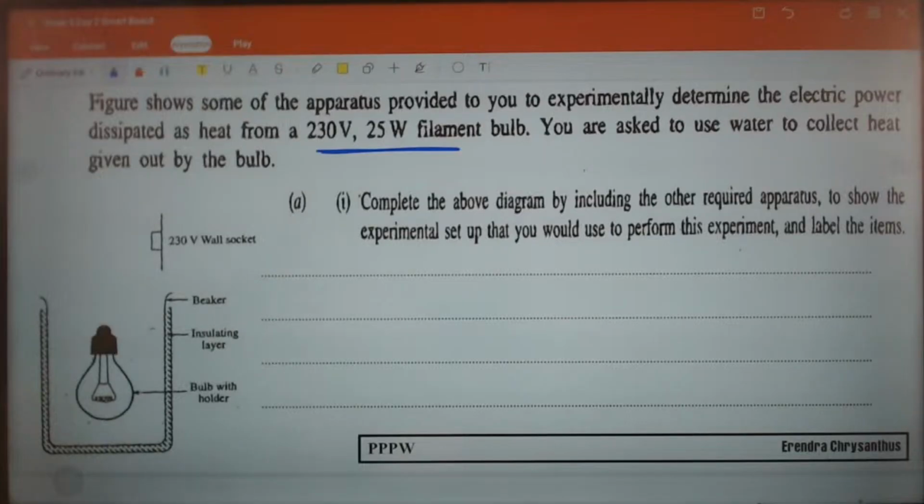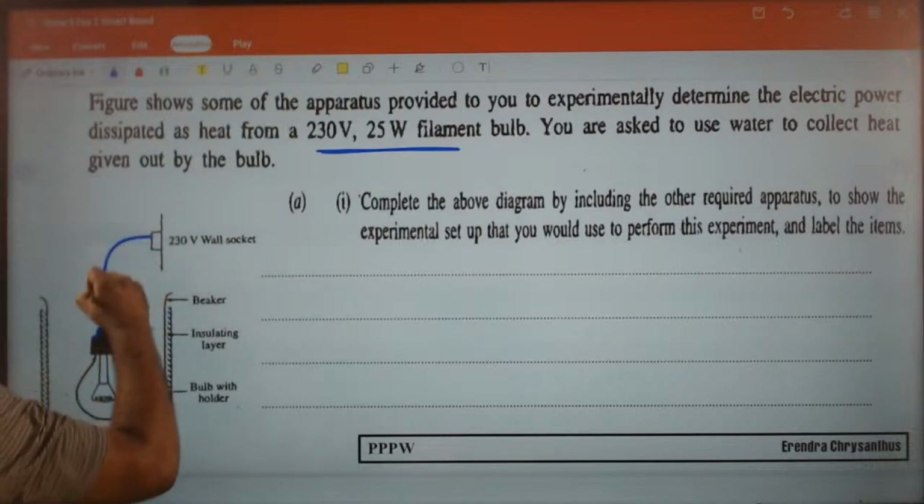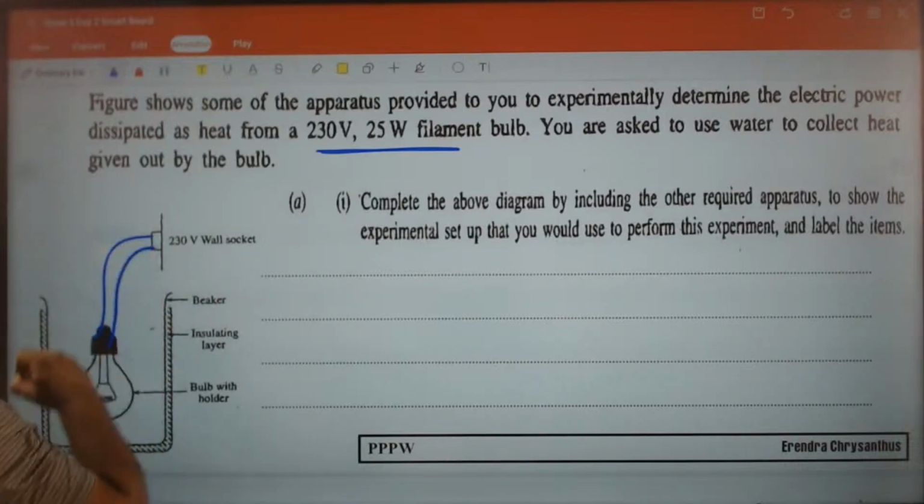You are asked to use water to collect the heat given out. Complete the above diagram by indicating the other required apparatus to show the experiment setup you would use for this experiment. Well, this is connected to the socket here.